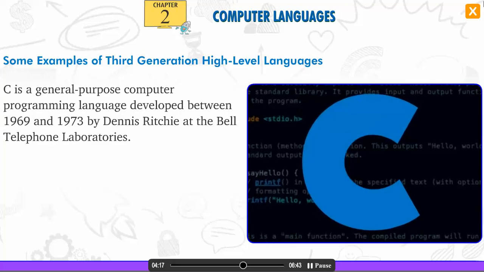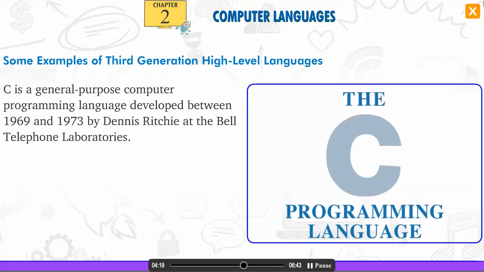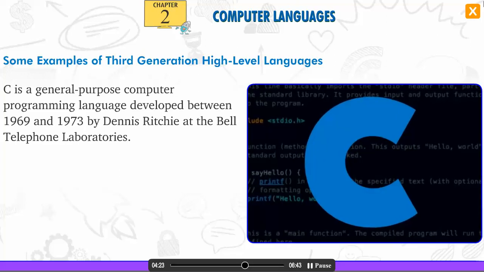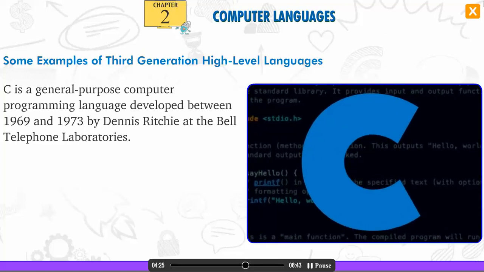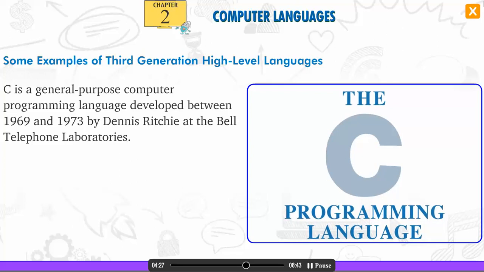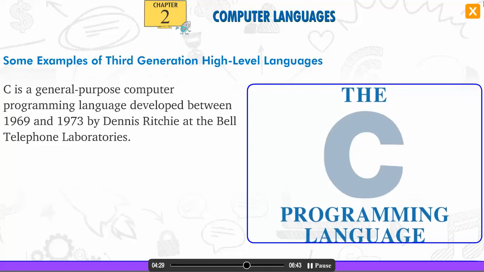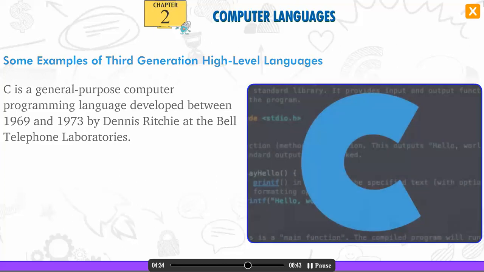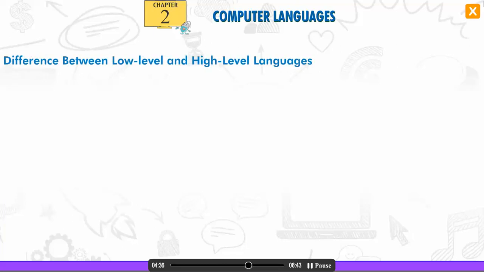C language: C is a general purpose computer programming language developed between 1969 and 1973 by Dennis Ritchie at the Bell Telephone Laboratories. Difference between low-level and high-level languages.